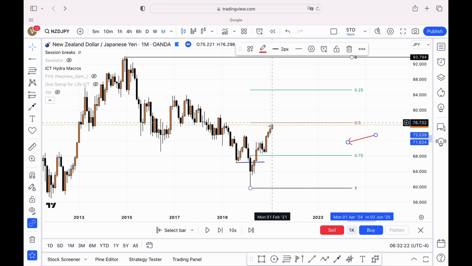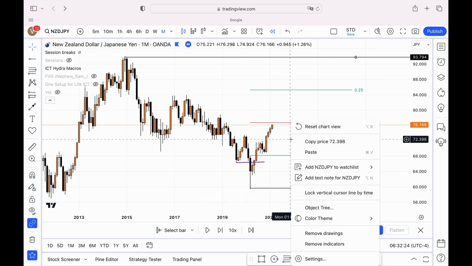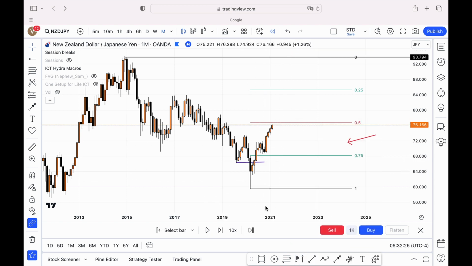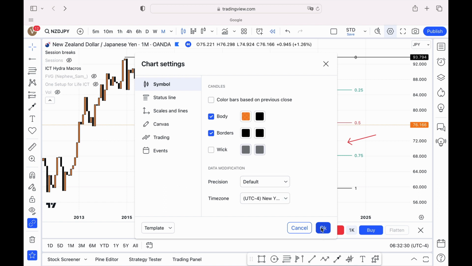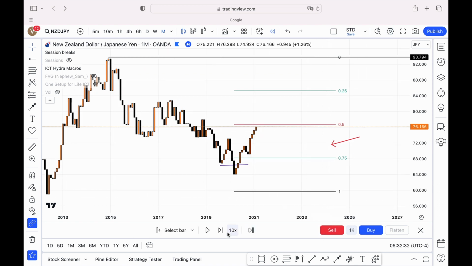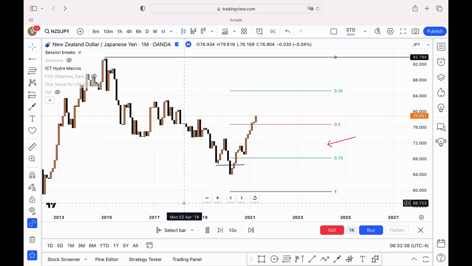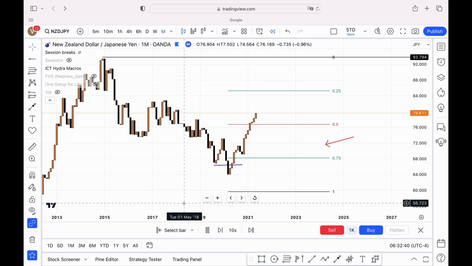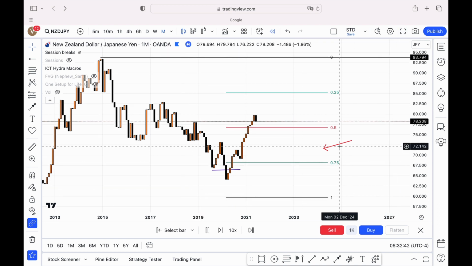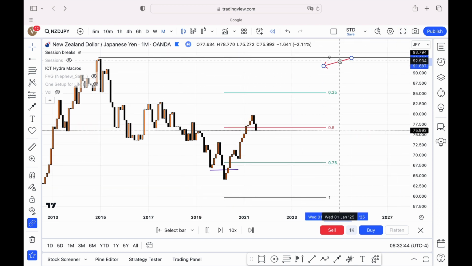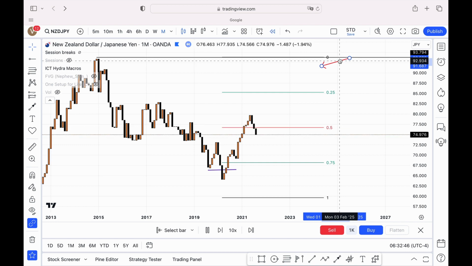And in order to show this, I'm going to remove the wicks so that it's a little clearer what's actually happening. All right, so let's play this. Okay, so we're at the midpoint. So you're not in the trade at the moment, but you know it's heading to this destination.